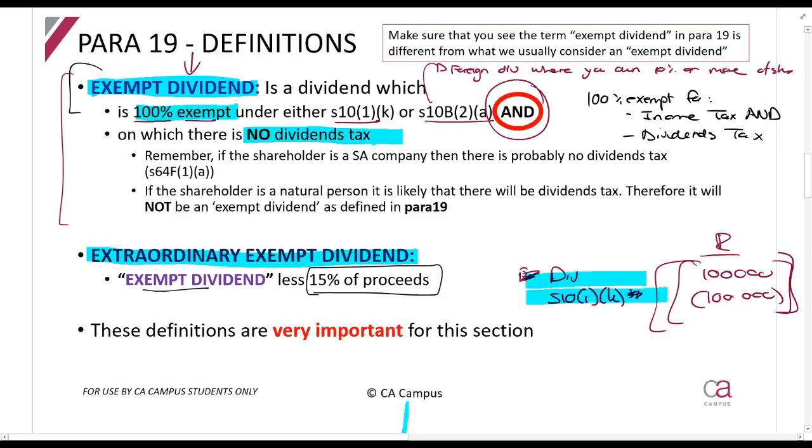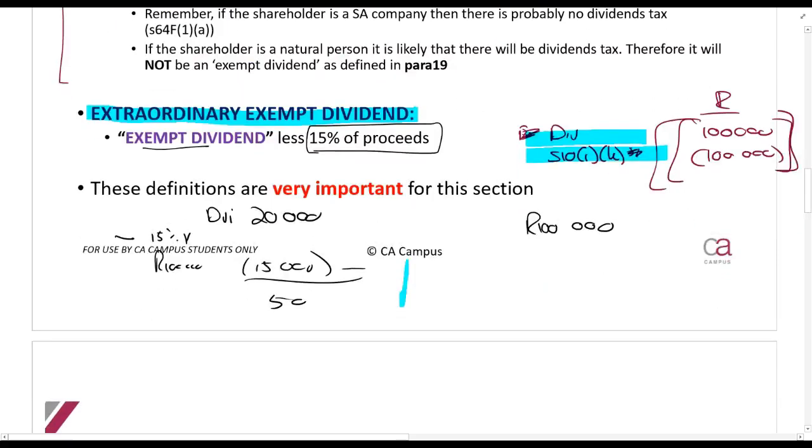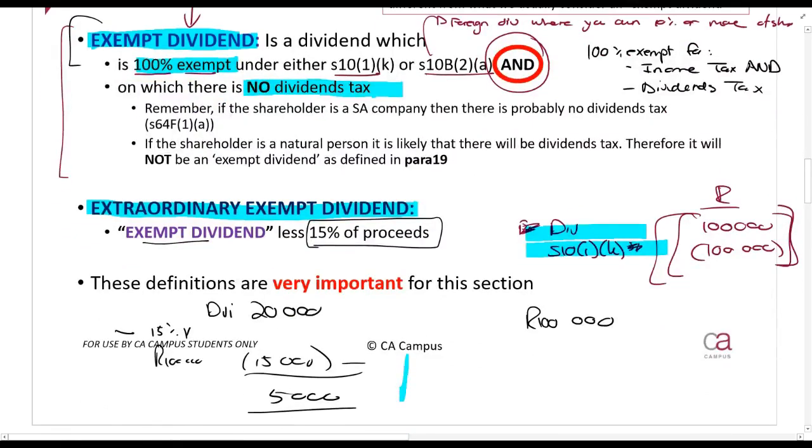So if you sold a share for 100,000 Rands and the dividend is 20,000 Rands, you'll say dividend less 15% times 100,000 Rands. And that gives you 15,000 Rands. There we go. That 5,000 that remains, that is the extraordinary exempt dividend. In other words, it's a dividend which is more than 15% of what it was sold for.